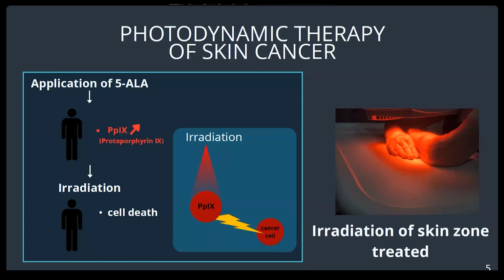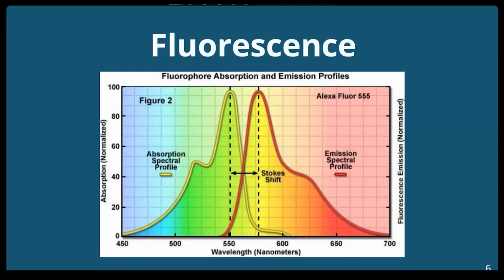And the second property is what we will use in our study. It's the fluorescence of this molecule, protoporphyrin 9. What is the fluorescence of this molecule?